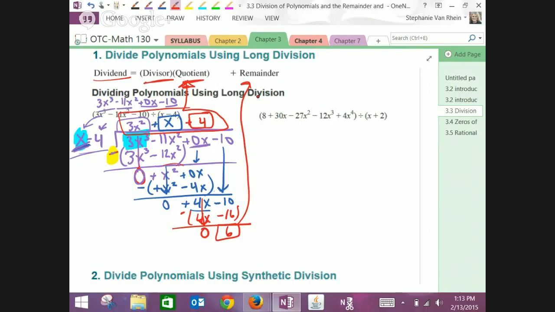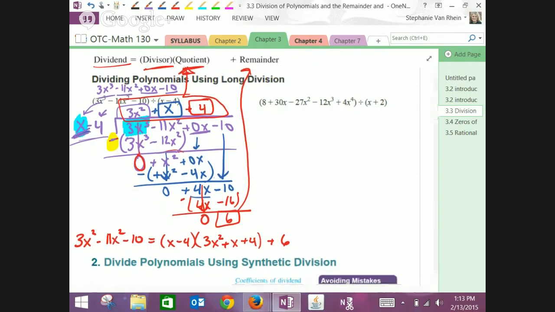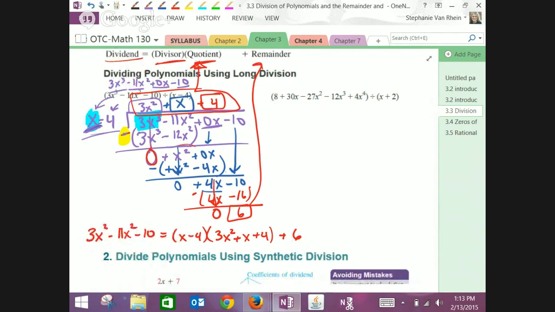So I could rewrite this as 3x cubed minus 11x squared minus 10 equals x minus 4 times 3x squared plus x plus 4, plus 6. So if I FOIL this out and add my 6, I get the left-hand side. 3x cubed, yes, thank you. 3x cubed right here.